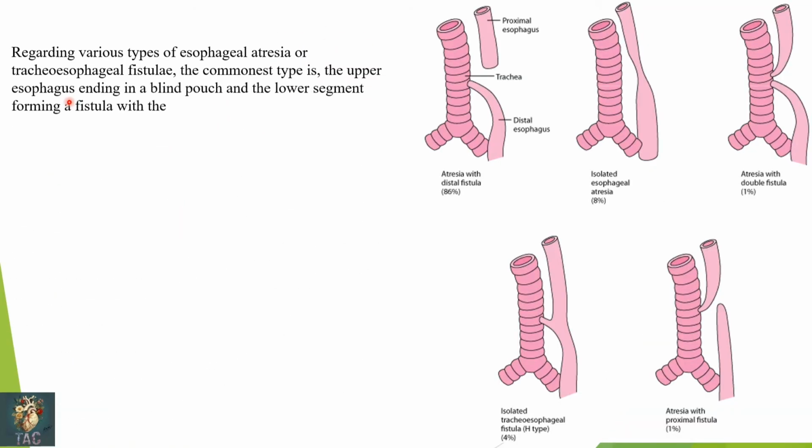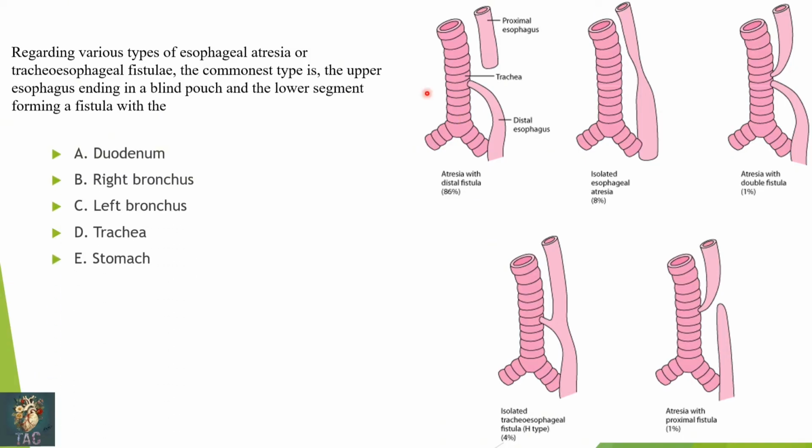Next is regarding various types of esophageal atresias or tracheoesophageal fistula. The commonest type is the upper esophagus ending in a blind pouch, and the lower segment forming a fistula with, maybe the duodenum, right bronchus, left bronchus, trachea, or stomach.